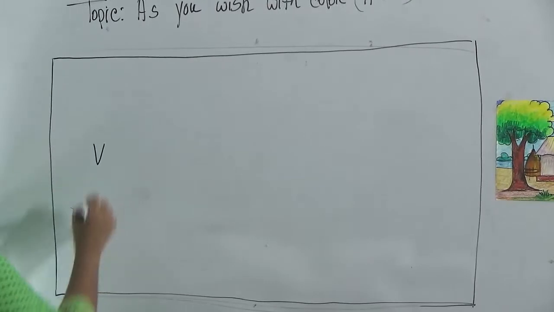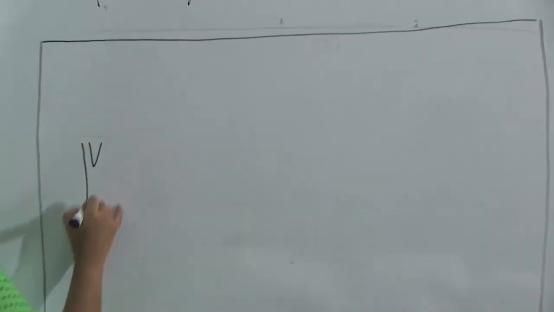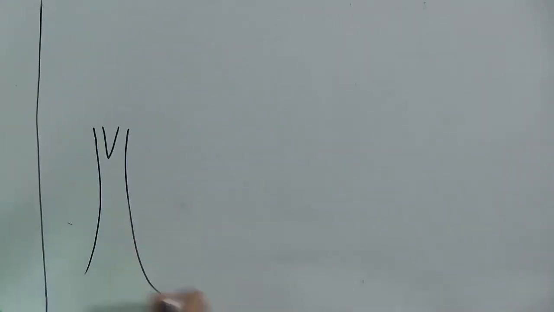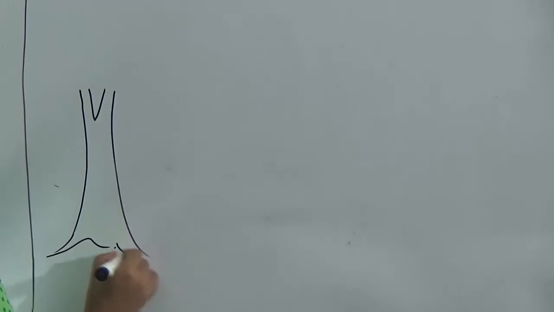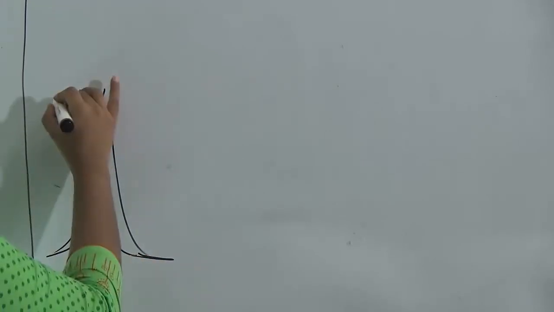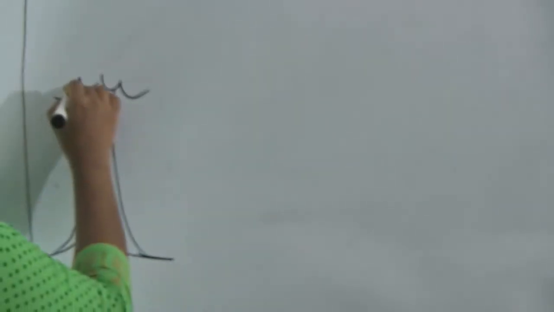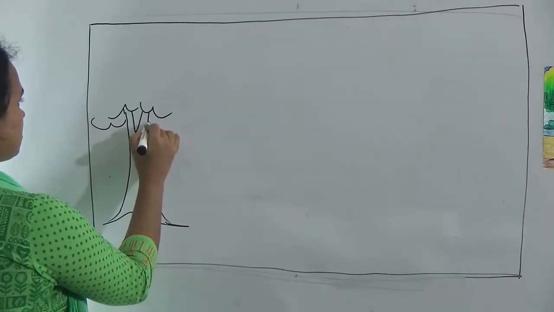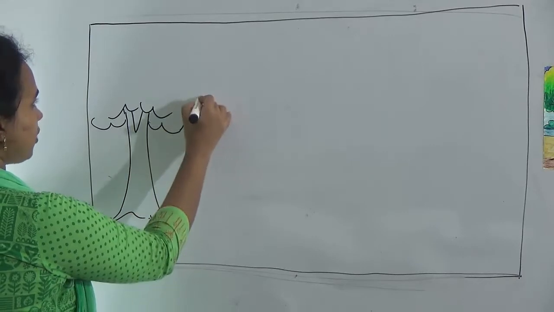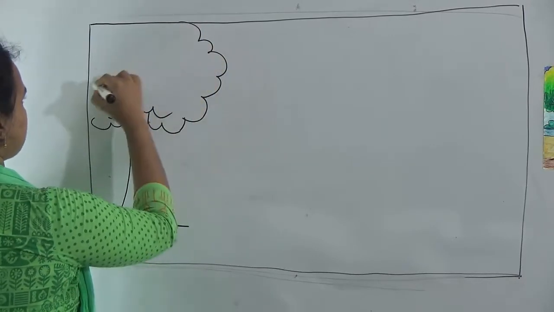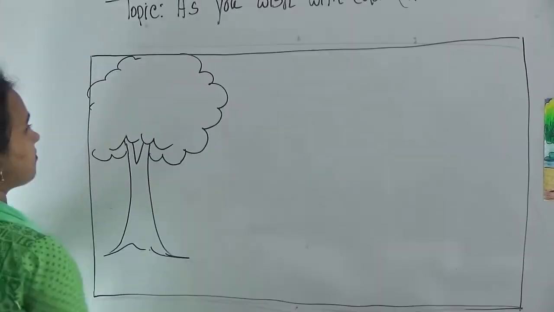Look, I have written down the V and use two curved lines for a tree and give the root like this. Then give this line like this and use some curved lines and join each other. Okay.